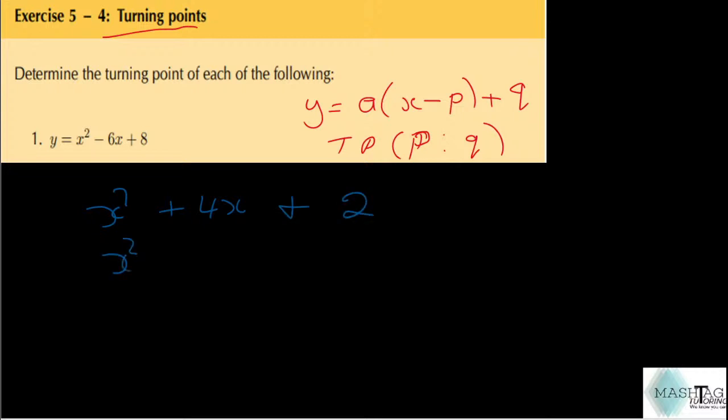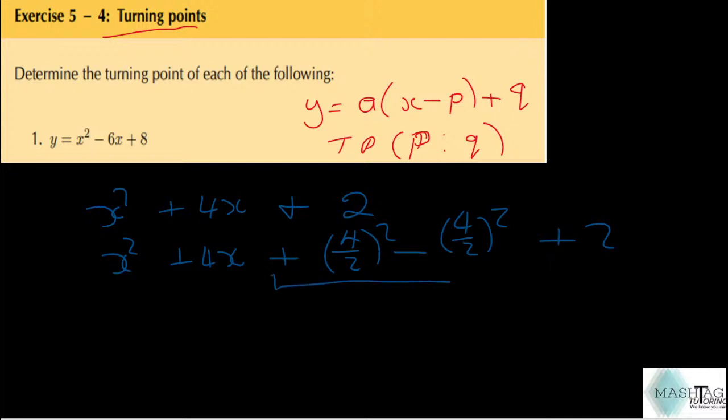Again you put x squared plus 4x, you add 4 divided by 2, squared, and you minus 4 divided by 2, squared, plus 2. Remember, you understand? This is that whole zero thing. If you add and subtract this, it's zero, so it doesn't affect your equation.